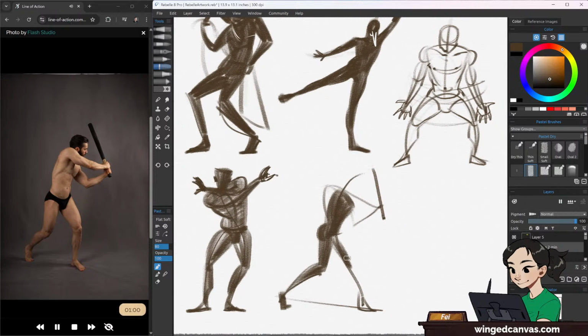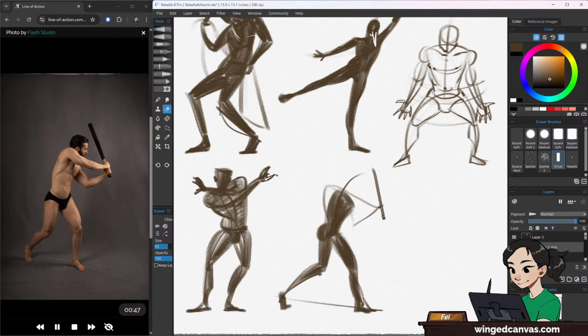So they're not always exactly accurate, they're not meant to be super accurate per se.